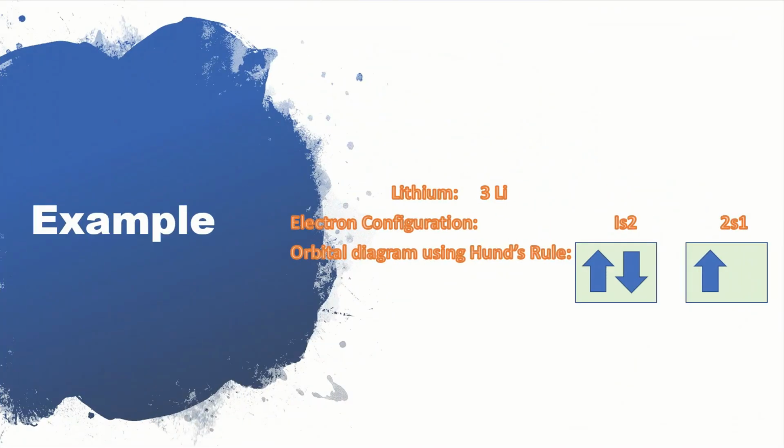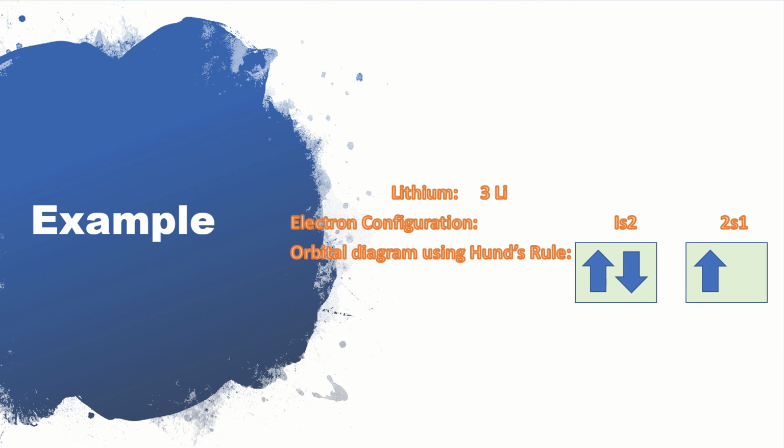So here is your example. Number 1, lithium. The electron configuration of lithium is 1s2, 2s1. To write the orbital diagram using Hund's rule of multiplicity, you have to first write the electron configuration. To represent the s orbital, again you can use a box.